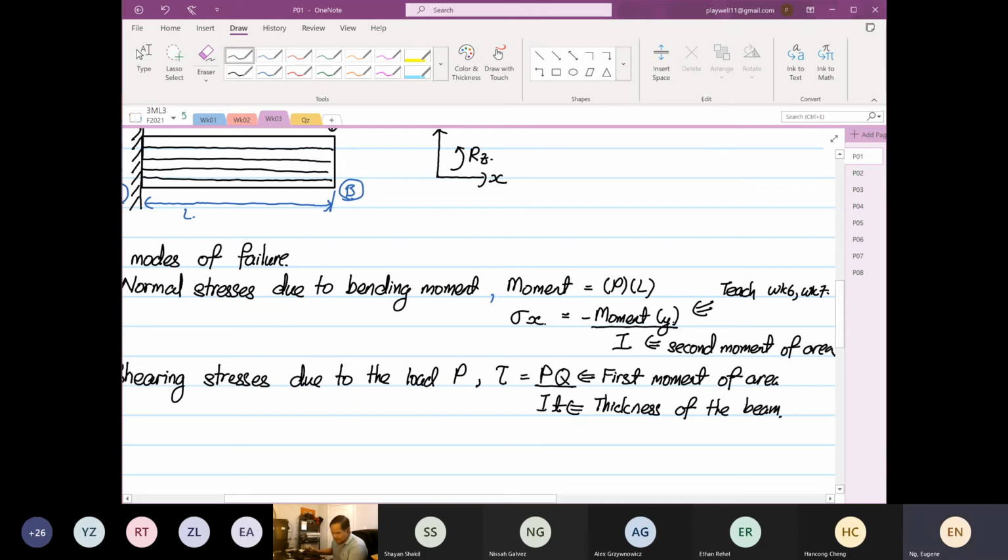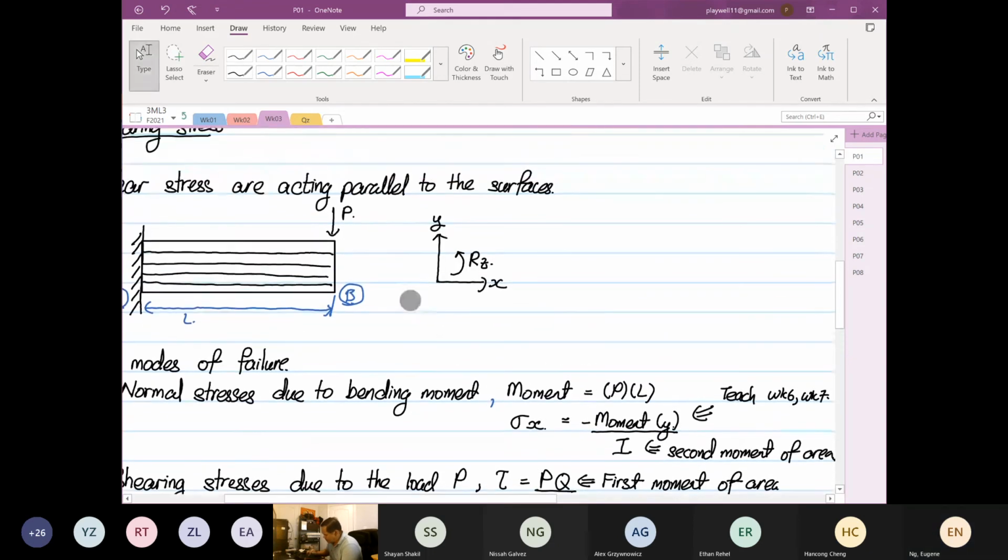Okay. Then some of you will ask me, Eugene, the force is applied on P, right? If you look at the force P, it is acting on this surface, which I'm going to highlight, as you can see, right?